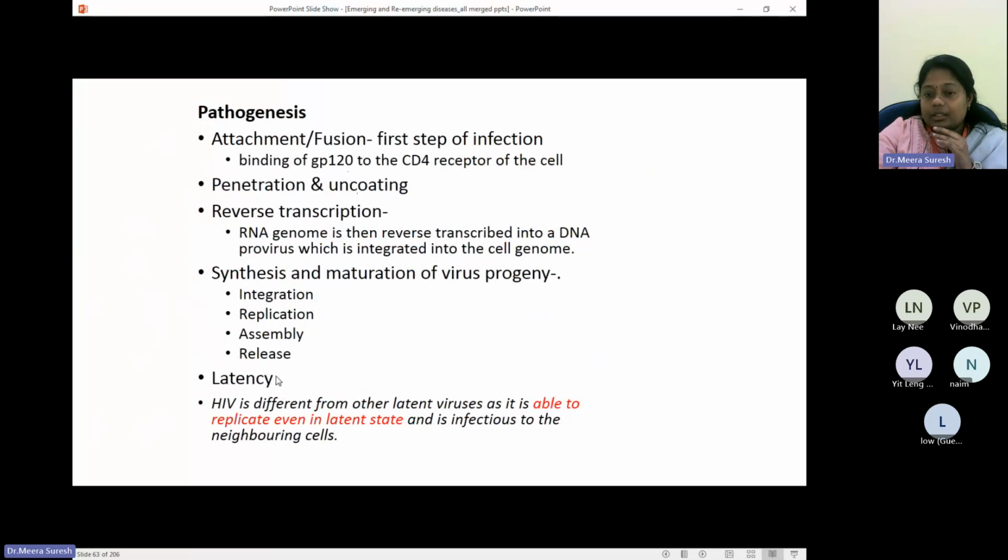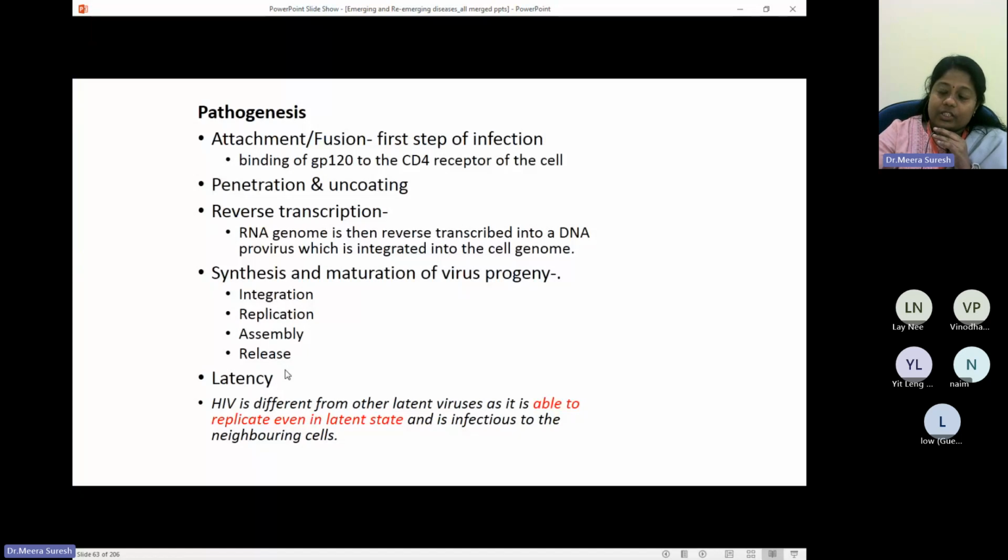When we talk about latency in other microorganisms, a microorganism in a latent stage is usually in a sleeping mode. It doesn't cause disease. If we say that in TB, Mycobacterium tuberculosis is in a latent stage, it means it is lying simply in the granuloma formed inside the lungs, not causing any trouble.